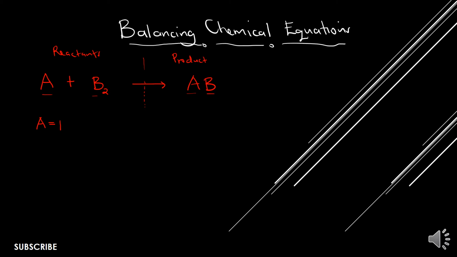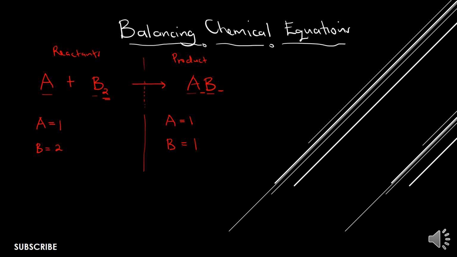However, element B has two atoms because of these two here. But on the right hand side, A has one atom because we have an invisible one between A and B, and then B has one atom. We have an invisible one after B.